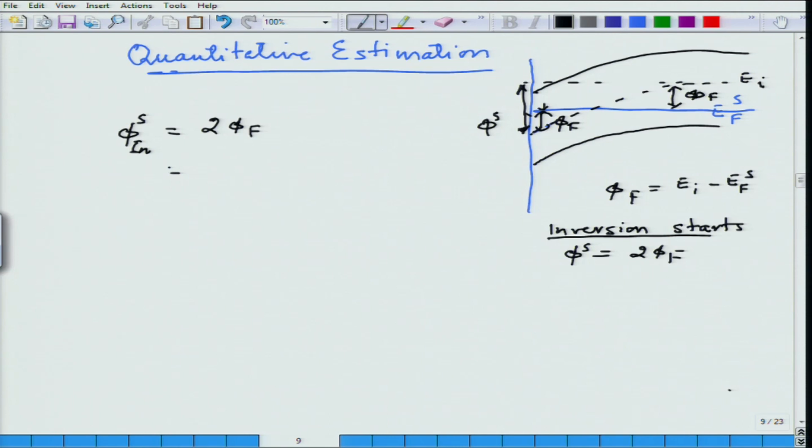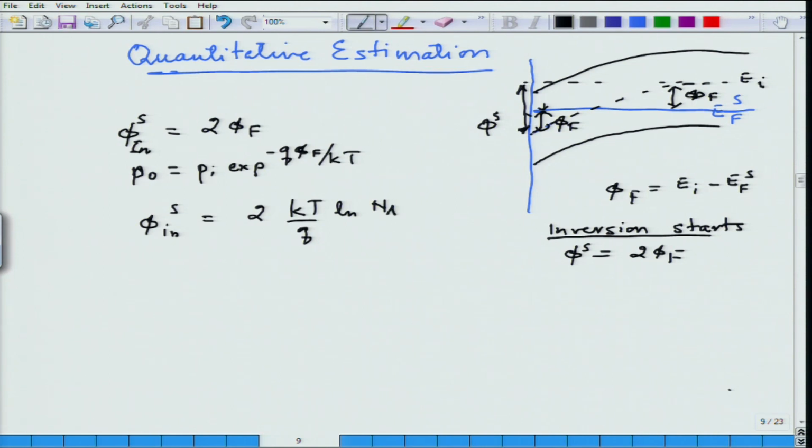And I know how to calculate phi of f, because I know the condition where n 0, in this case p 0 for the p type semiconductor, will be given by exponential minus q phi of f over k T. Now, with this condition I can calculate phi of inversion is going to be 2 times k T over q ln of acceptor concentration divided by N_i. So, I know how much band bending is there at the inversion condition.